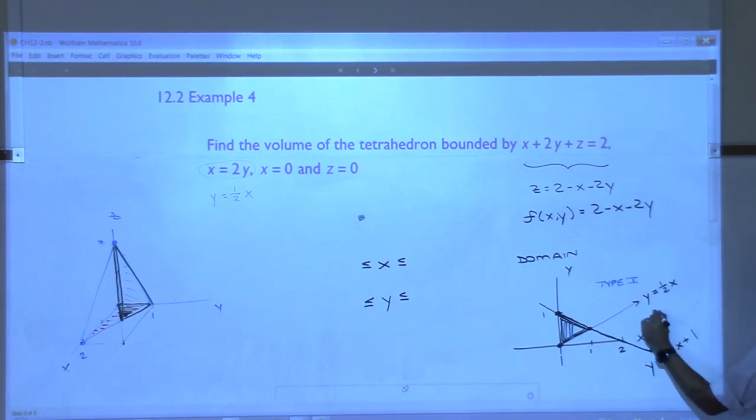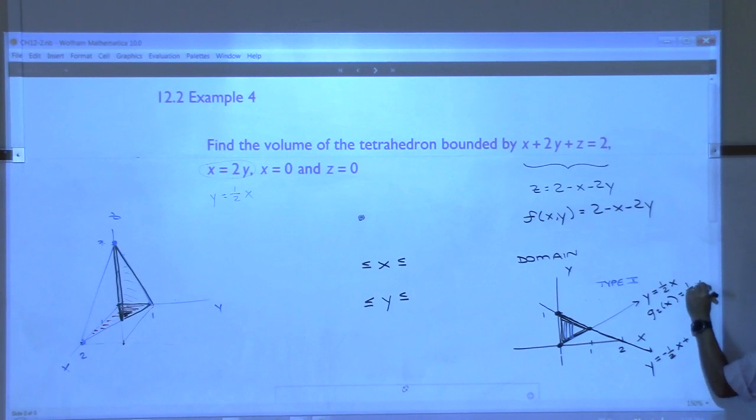This one will be the g2 of x, and this one would be the g1 of x. Does that make sense? Yes. And do they hit each other at 1, 1? Yeah. So if I plug in 1 here, I should get the same thing as if I plug in 1 in here. 1 there, I get a half. 1 here, I get negative 1/2 plus 1, I get a half. So yeah, they hit each other, right?